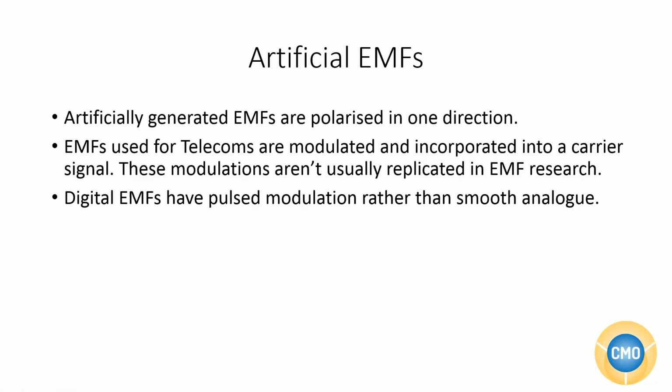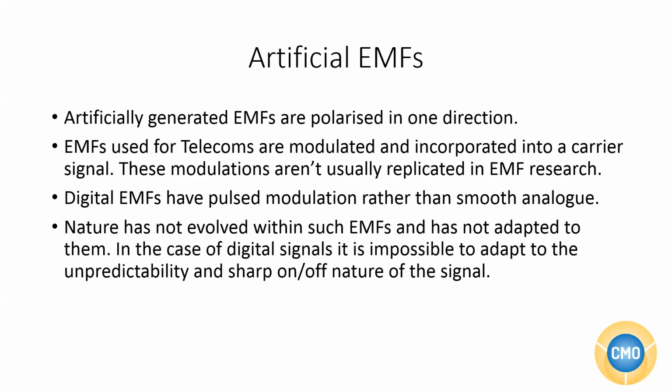And because there's no way that the body can anticipate the pattern of this, or how sudden the change of the modulation happens, this is why the body finds it very difficult, if not impossible, to actually adapt to these digital and pulsed EMFs. Nature has not evolved within these EMFs and has not adapted to them, and we can't adapt to this on-off. It's really important.